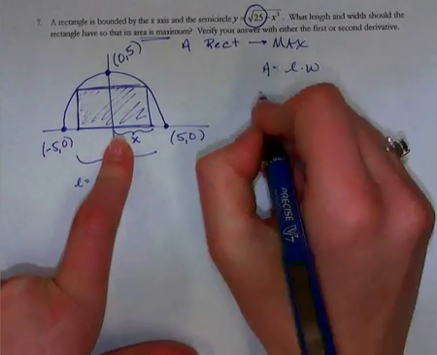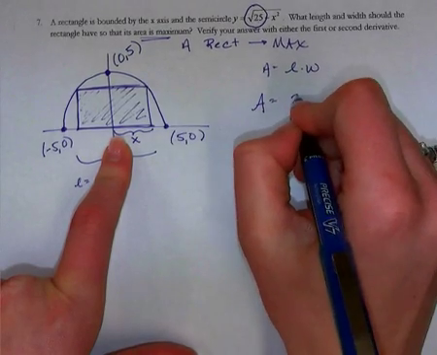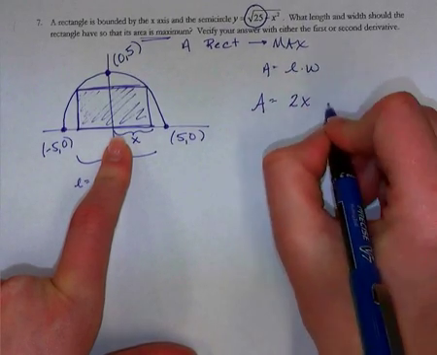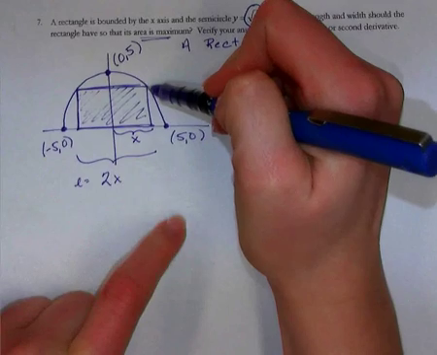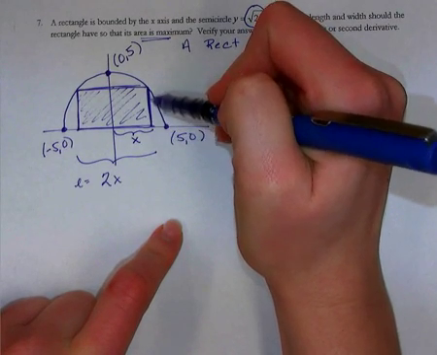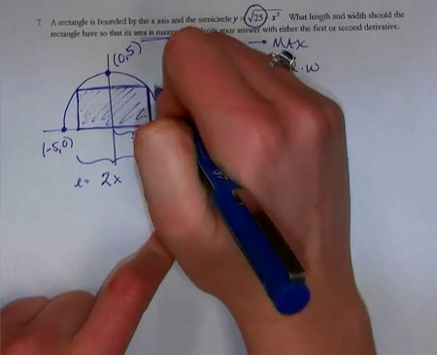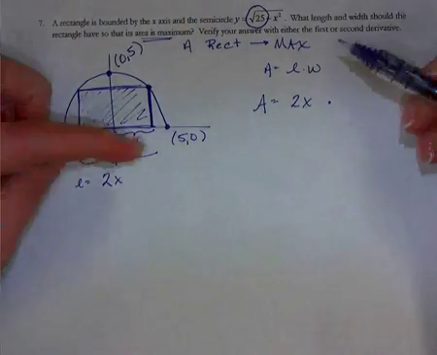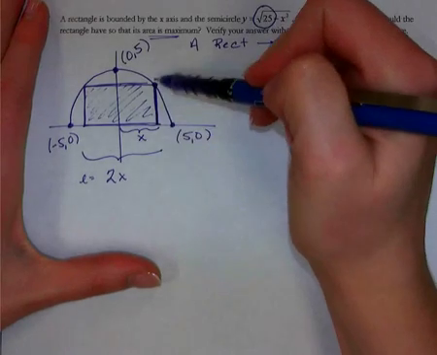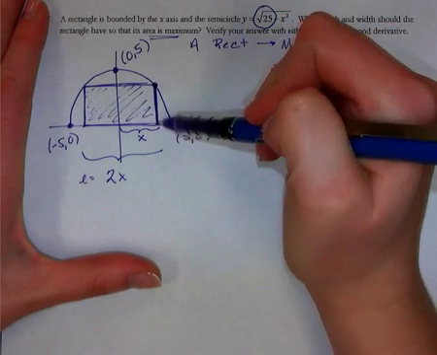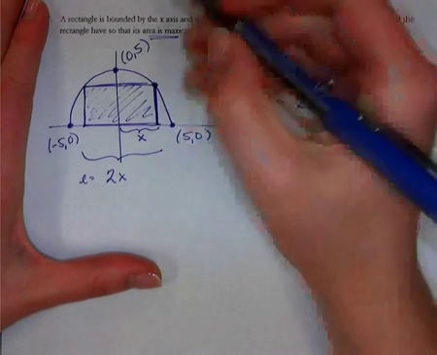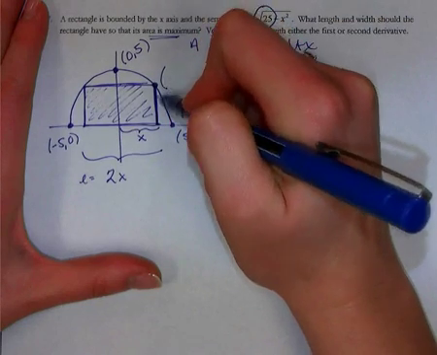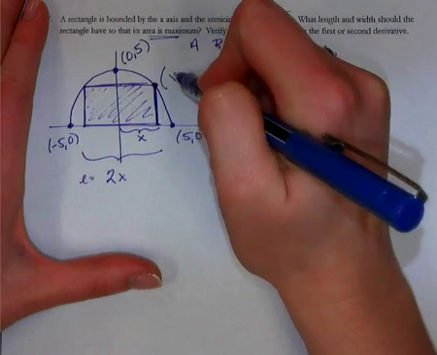So now I have area is equal to 2x times. Now the width of my rectangle is right here. Well, what is that in terms of a graph? In this case, that comes from my y coordinate. My y coordinate tells me how high I'm going. This is my x coordinate. This is my y coordinate. Well, if my x coordinate is unknown, then I label it x.